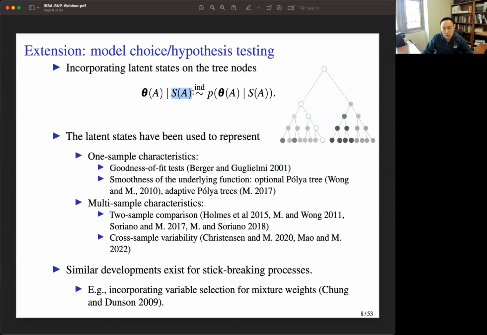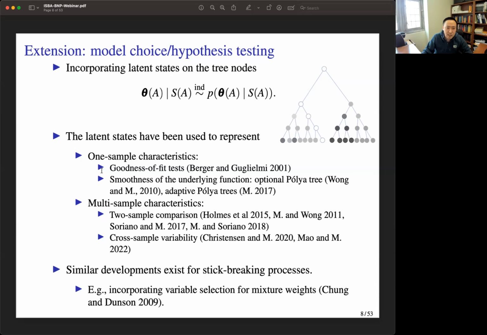You can introduce some latent state variables that incorporate dependencies across those nodes. So the easiest model would be some kind of a Markov model over the tree, and in this plot, the different colors could indicate different latent states for the Markov structure, so that you can actually borrow information across the nodes to enhance your inference.